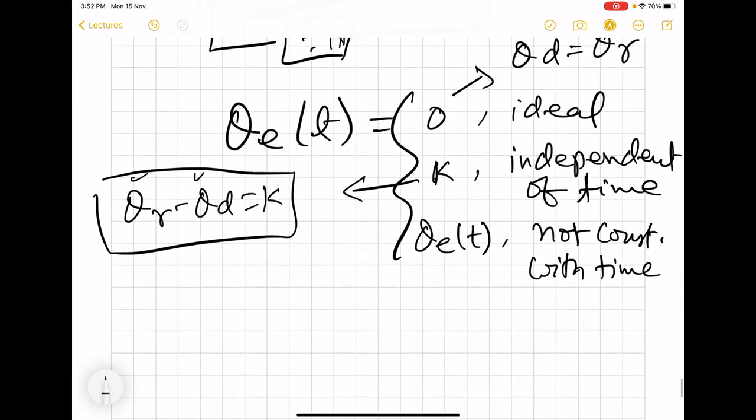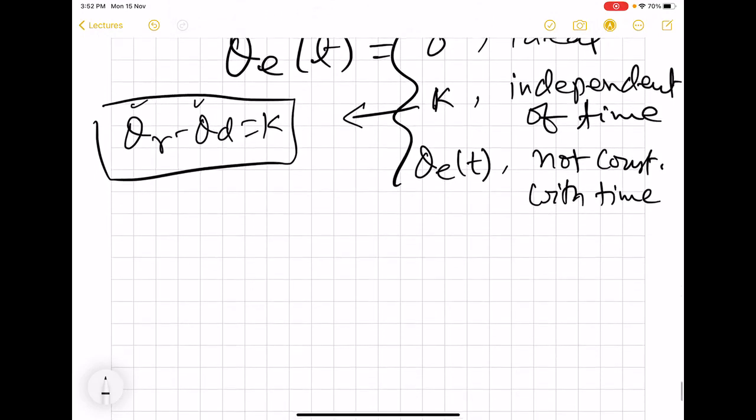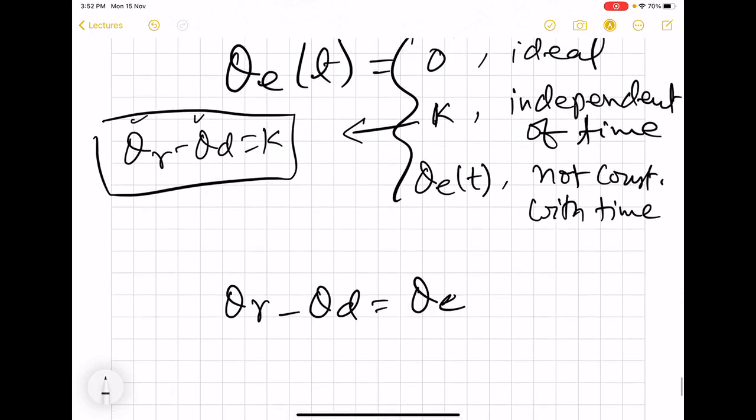Now, if we have these three, then what will be the relation between the output and the input frequency? So here, what we see is theta r minus theta d is equal to theta e, and theta e can have value either 0 or K or a time dependent value.